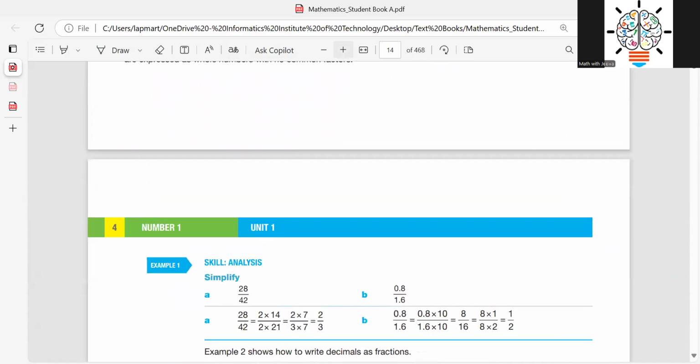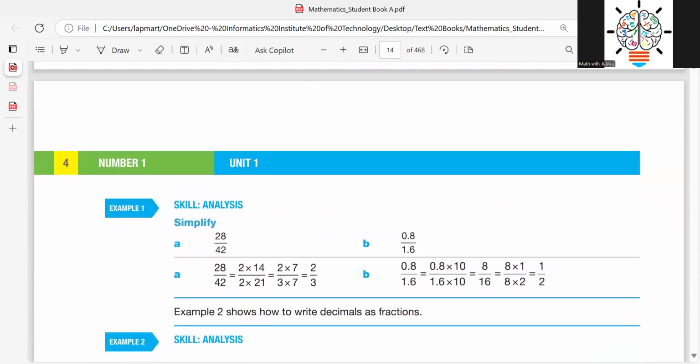Now we will move to an example of this. Now, you have 28 over 42. What you should do, you want to simplify this now. Simplify means you want to make it smaller.